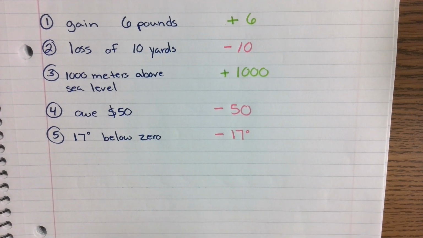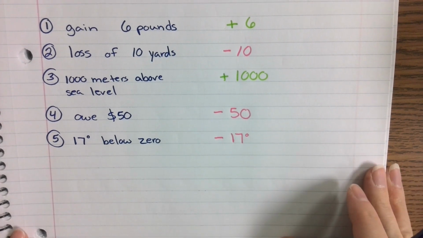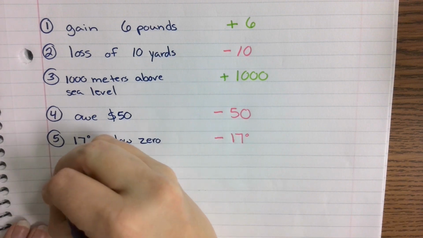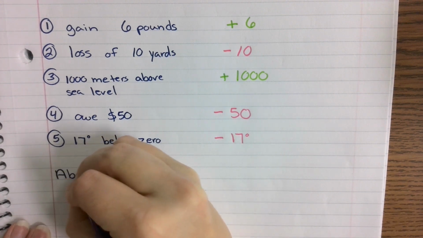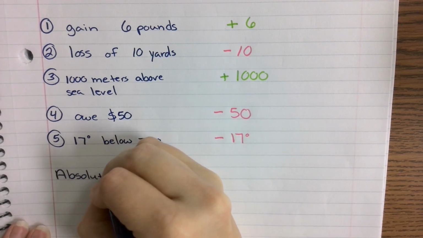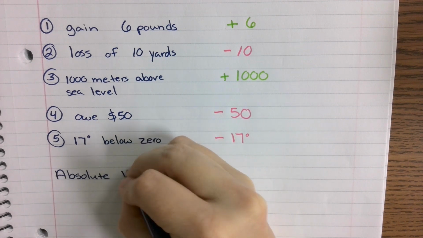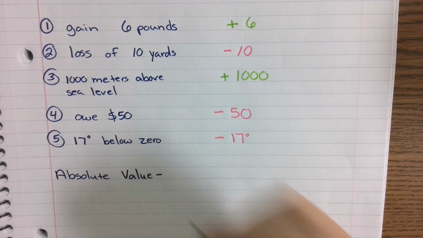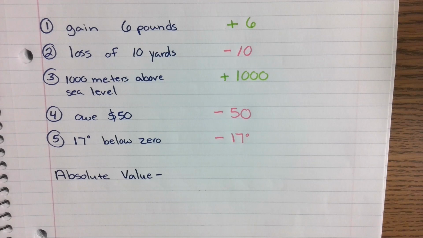All right. The last thing that we're going to talk about is absolute value. So for absolute value, that's distance. Absolute value is talking about distance that a number is from 0 when you're talking about it on the number line.